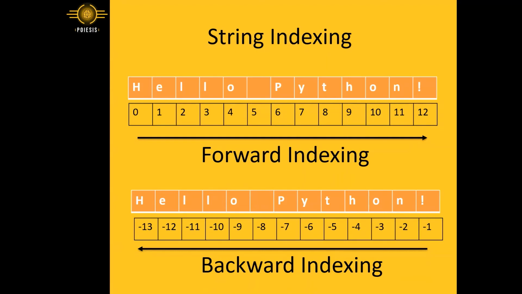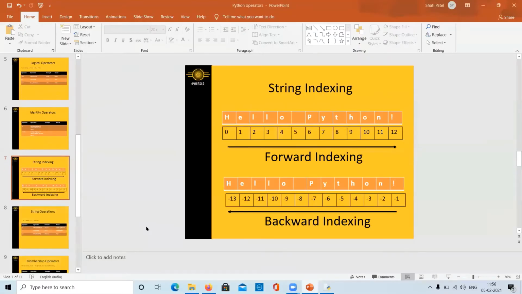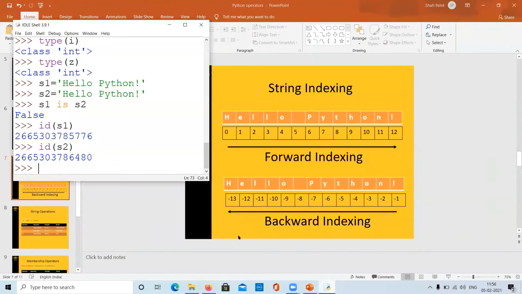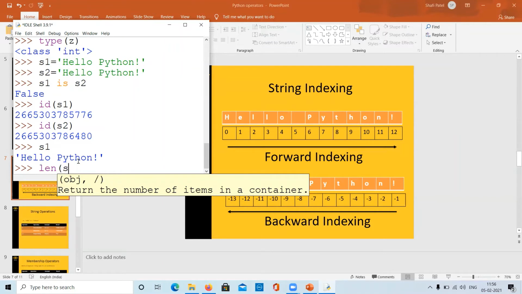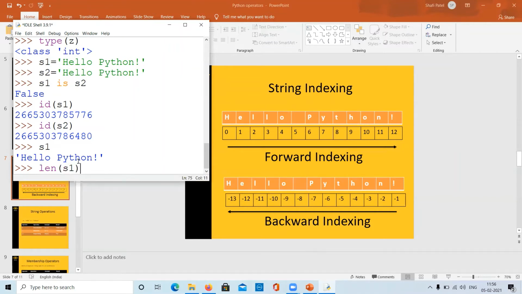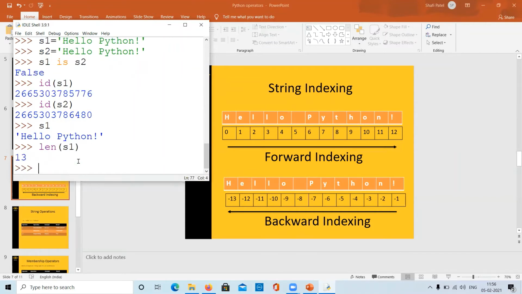Here 13 is the length of the string. To find the length of a string, we have a built-in function. I already have hello Python stored in s1. I'm calling the built-in function len, and len returns the length of the string s1, 13.